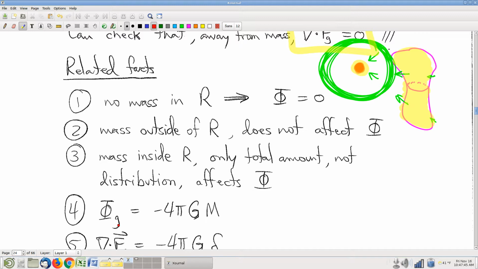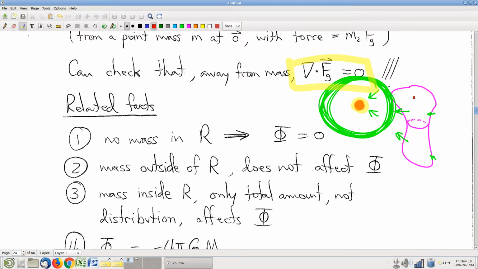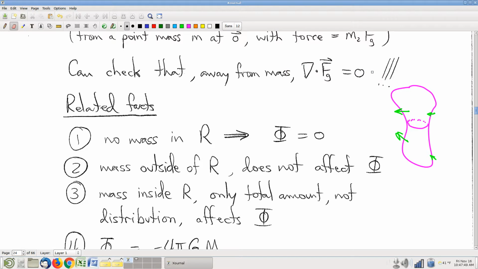Before I get to that, let me confess it is a little awkward that gravity points toward the mass, not away from the mass. It's very convenient for our purposes living on planet Earth, but it is awkward here. Let's imagine there's a light bulb right here.